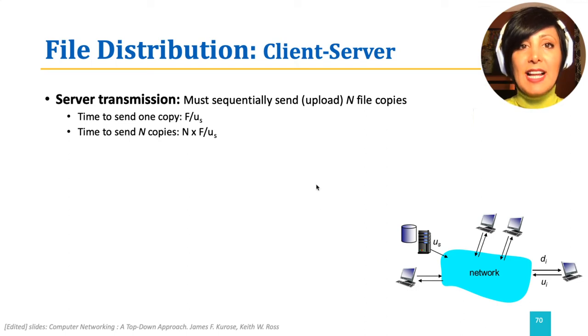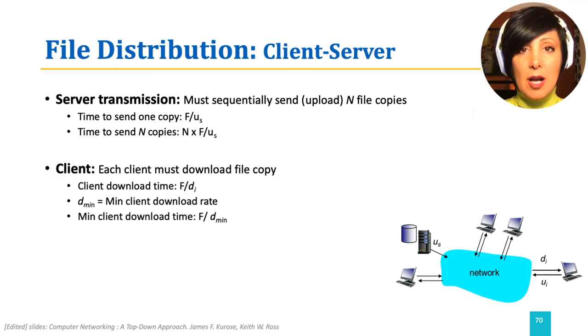Each of the end clients must download the copy sent by the server. The time it will take for client I's download is F divided by DI. Among all clients, the slowest client will take the longest time. So the longest time will be for the client with minimum download capacity, which is dmin. Therefore, the longest time will be F divided by dmin.